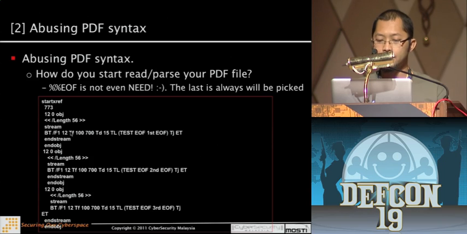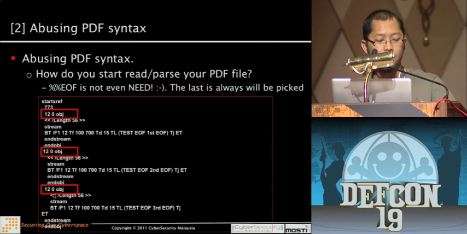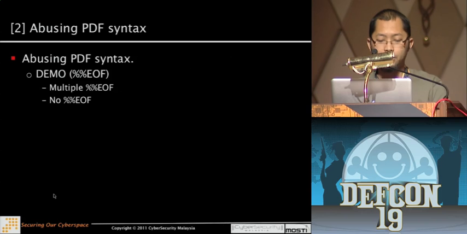So the last object 12 will always be executed. Okay? So this is the one. The last one will always be used by a PDF reader. So for example, the demo.